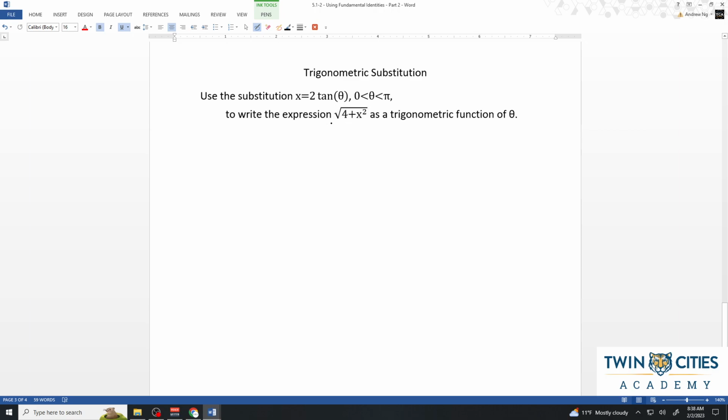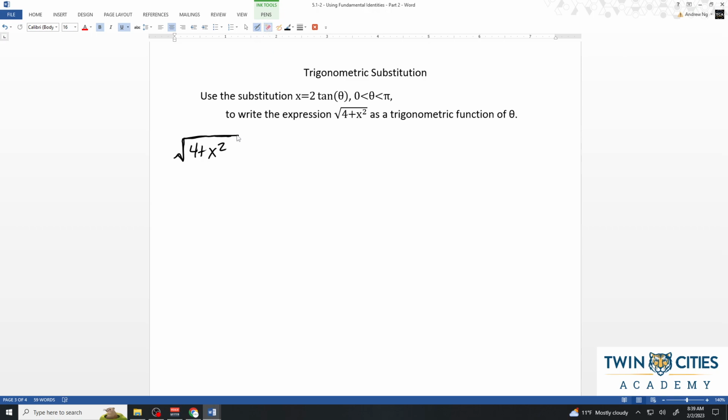We want to write the expression, the square root of 4 plus x squared, as a trigonometric function of theta. Okay, so what does this mean? Let's rewrite the square root of 4 plus x squared over here.